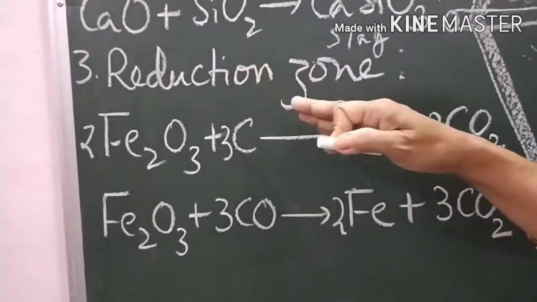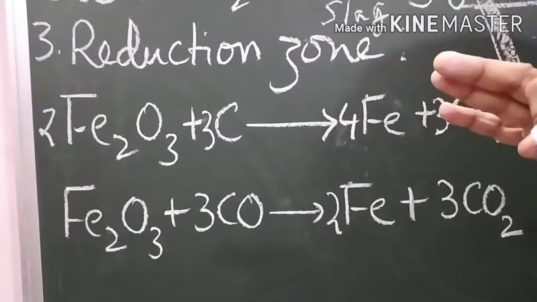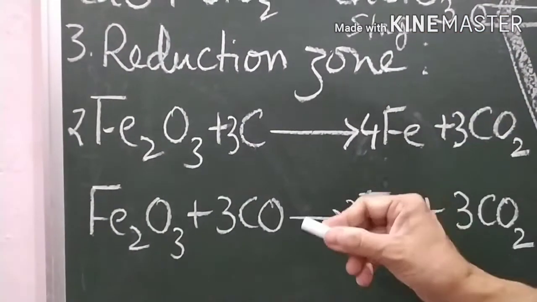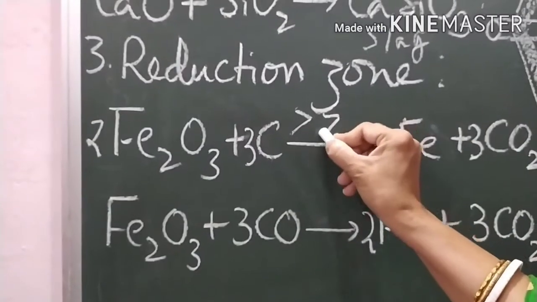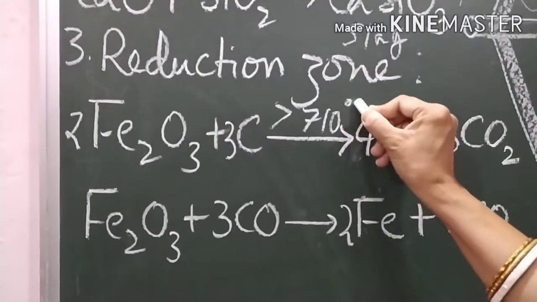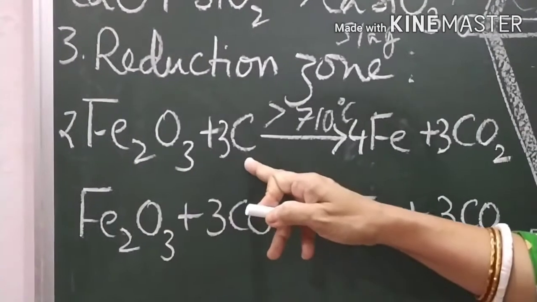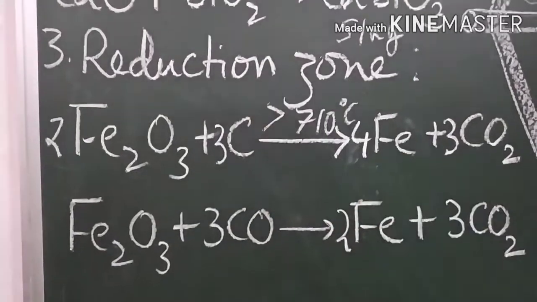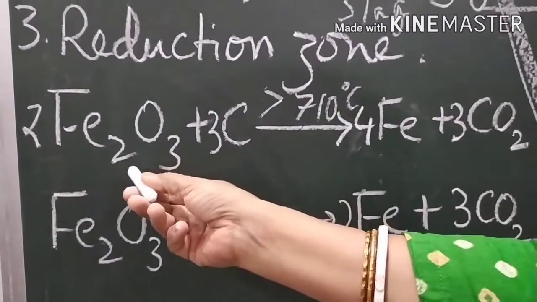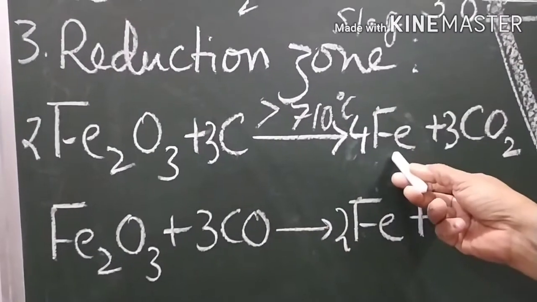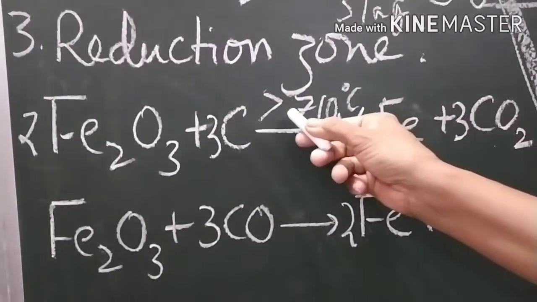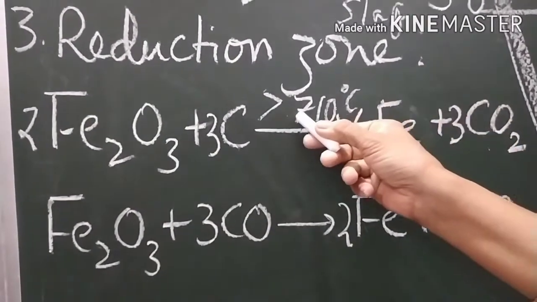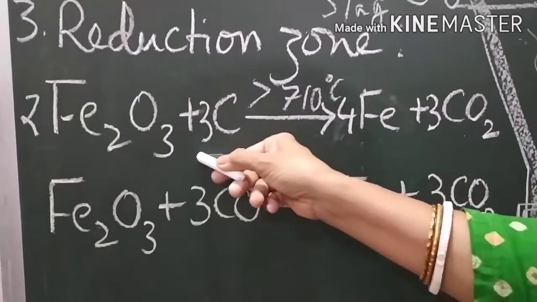Then the last part is reduction zone. Reduction zone may be considered where actual reduction of iron ore, hematite, is taking place. If the temperature is above 710 degree centigrade, then hematite combines with carbon to form iron and carbon monoxide, and carbon works as reducing agent.